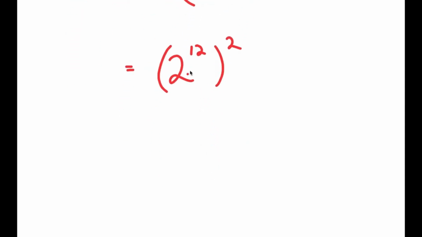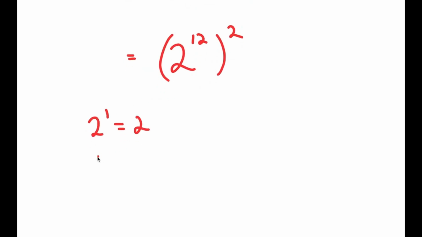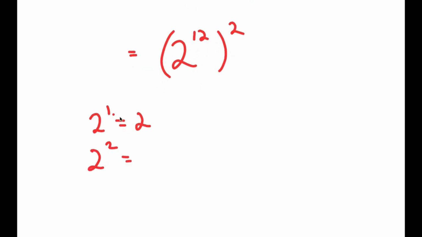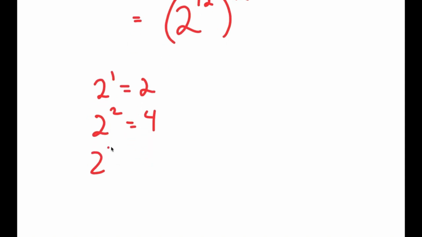And 2 to the power of 1 is equal to 2. 2 to the power of 2 is double of 2 to the power of 1, so 4. And 2 to the power of 3 is double of 2 to the power of 2, which is 8.